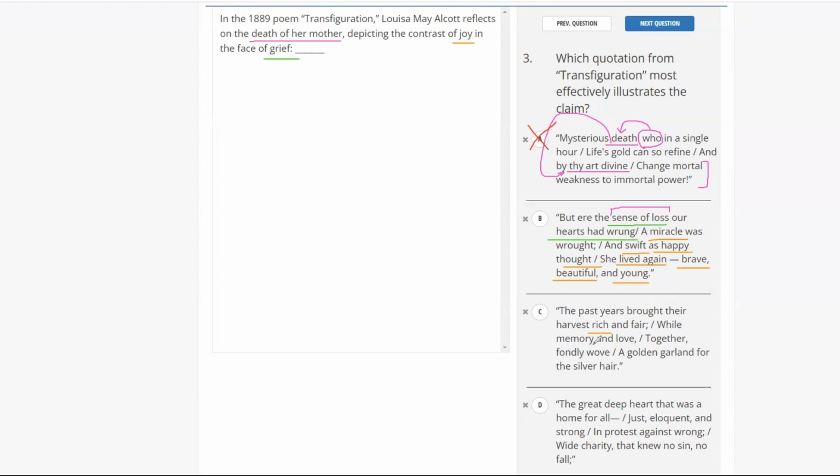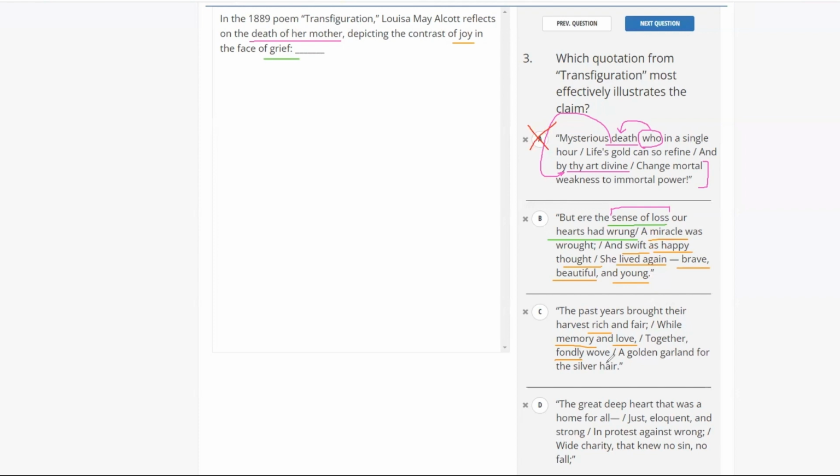While memory and love, love is a positive word. Memory is a positive word, especially if these are memories of love. Next, together, fondly wove. Fondly is a happy thought. A golden garland for the silver hair.